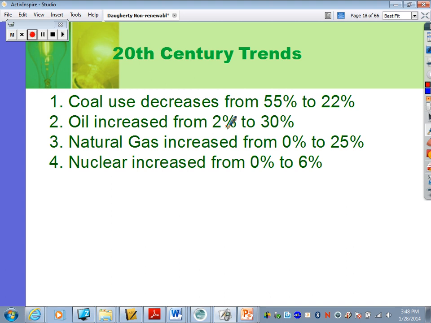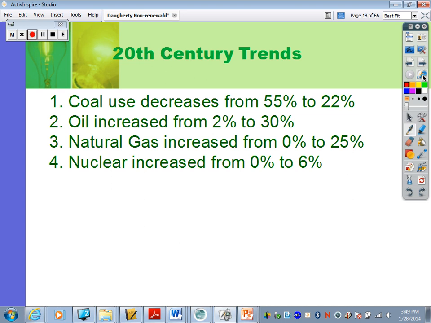Oil is easy to transport, it's liquid, it's easy to store, so it's been really great for automobiles. So anyways, that's skyrocketed as well. Natural gas has increased big time, and nuclear has increased just slightly, and now we see it plateau. We're not building new nuclear power plants, and some people think it's going to be phased out. People are so worried about the dangers of nuclear.